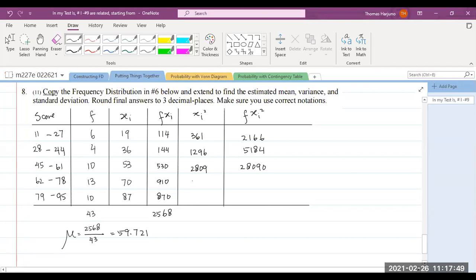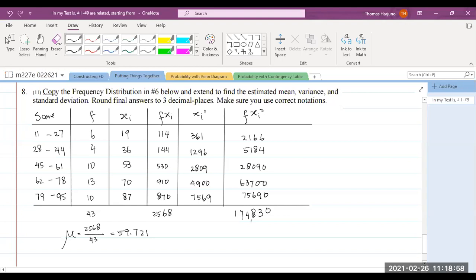That's 4,900 multiplied by 13, 63,700. This is 87 squared, 7,569 multiplied by 10. That's 75,690. And then I add them up.